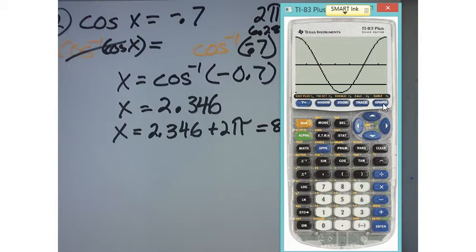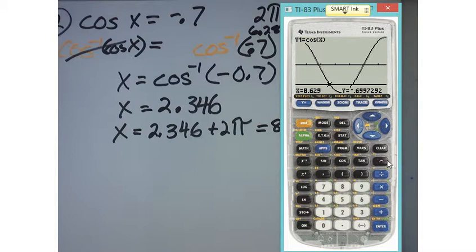If I hit trace and plug in 8.629, that works perfectly. But if I add 2 pi one more time, it goes too far. So what do you think I would have to add? 1 pi. Let's try just adding 1 pi.